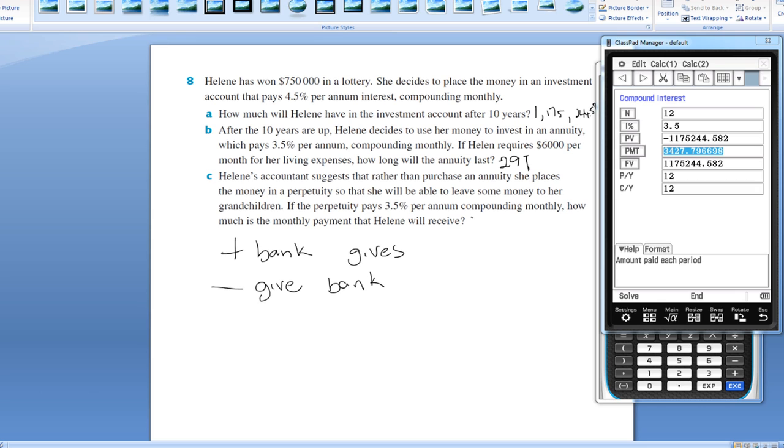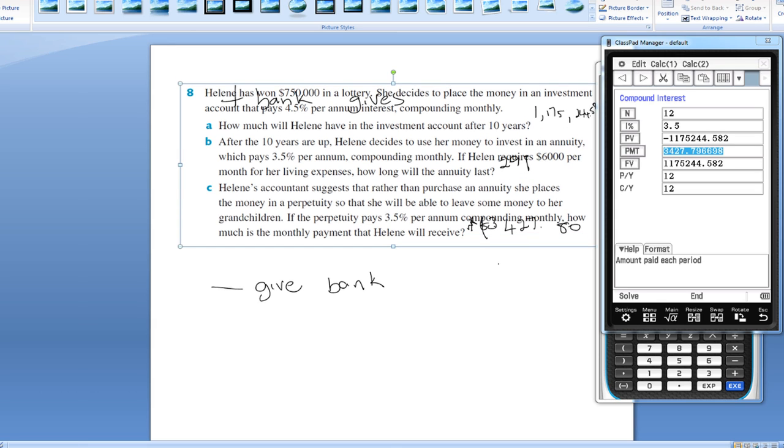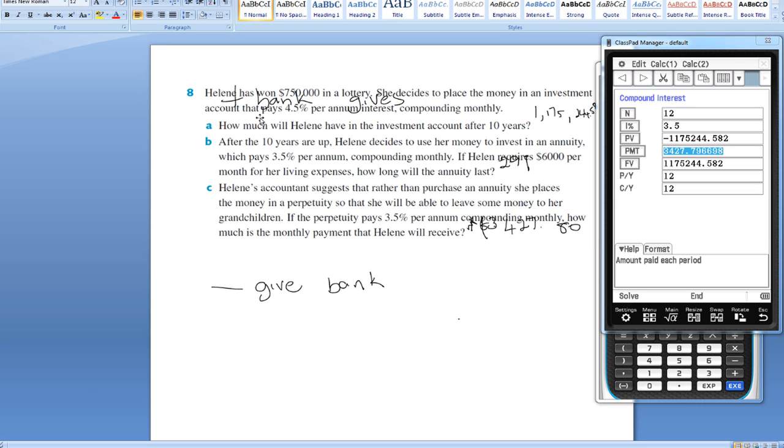So let's write that up. That is my payment. My monthly repayment is $3,427.80.